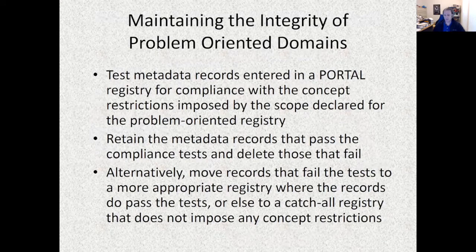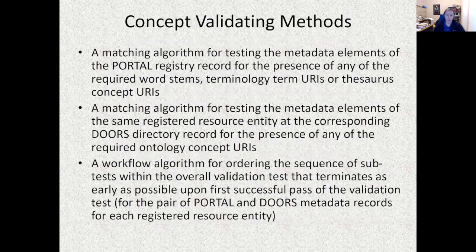And at the same time that we want to be able to both search within and across repositories, when we do search within a given repository or problem-oriented domain, we want to be able to maintain the integrity of that problem-oriented domain. So how do we do that in a way that makes sense?